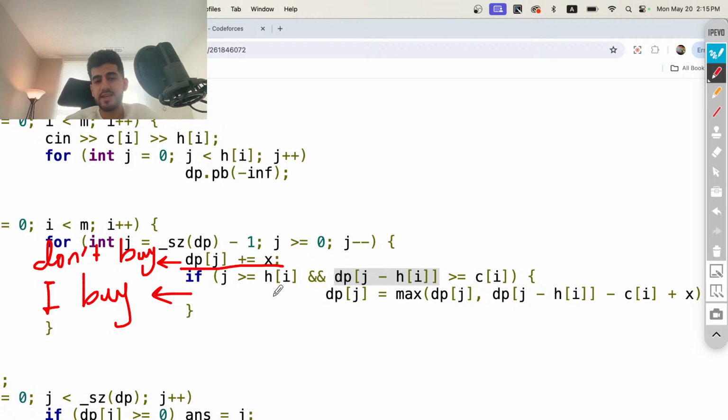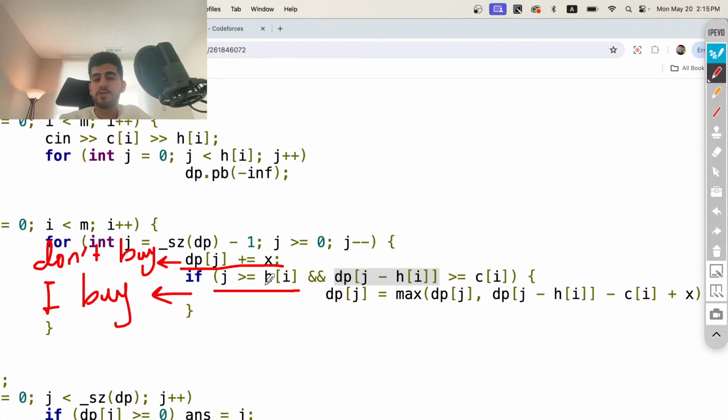In this case, definitely my happiness should be greater than or equal to h of i. Because if I have bought happiness, then definitely before this step my happiness was at least 0. So dp of j minus h of i should be a non-negative number.